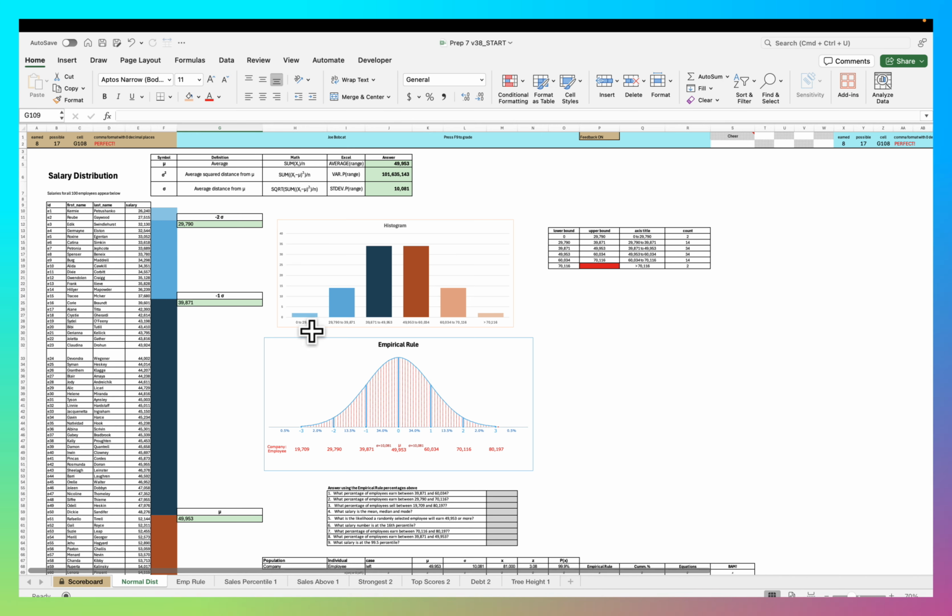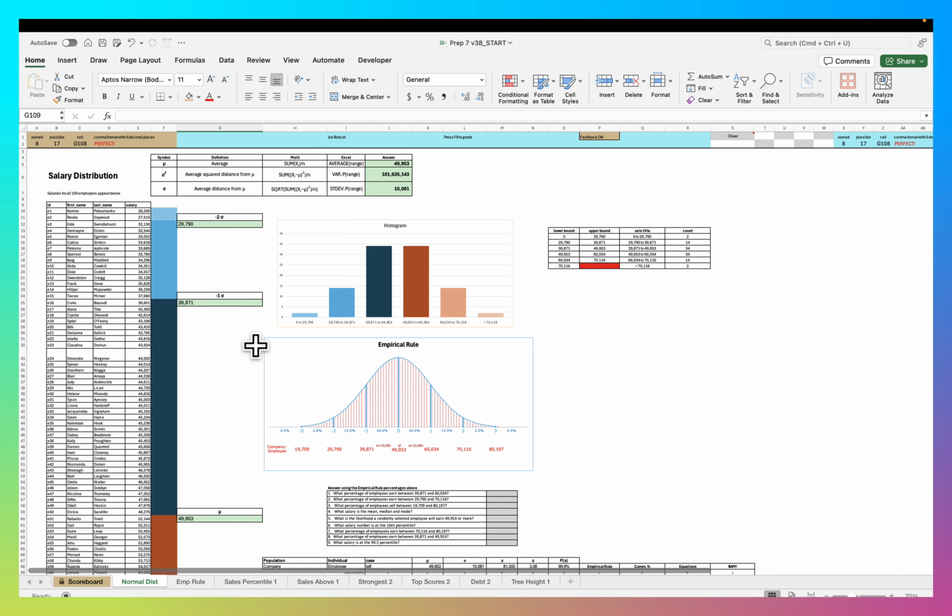So we can show it this way, or what you usually more traditionally see is something that looks like a histogram. So a lot of employees either side of the mean, close to, within 1 standard deviation, and then as you go between 1 and 2 standard deviations, a lot less, and then less than 2 standard deviations, less still.